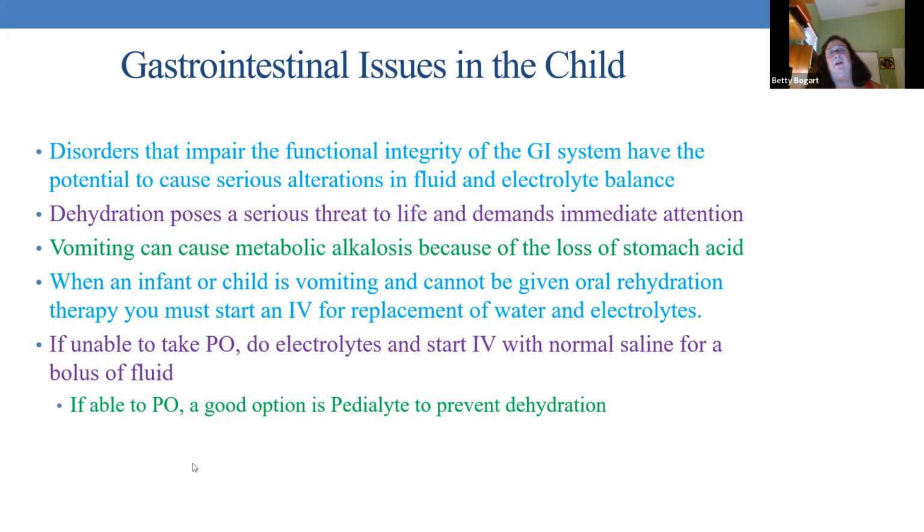Now, if they just have diarrhea and they're not vomiting, you can give oral. But remember, it all depends on patient condition. Awake and alert, just diarrhea, give them by mouth. If they're vomiting and don't take anything by mouth, of course, you need an IV. Checking the electrolytes will tell you your status and how you are starting out.